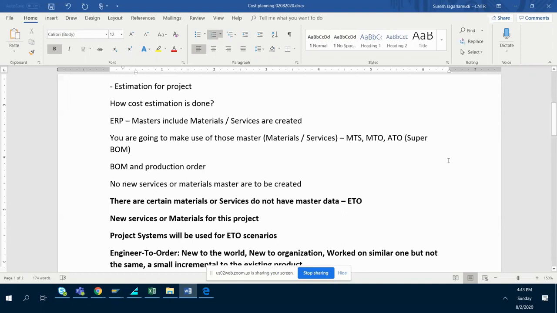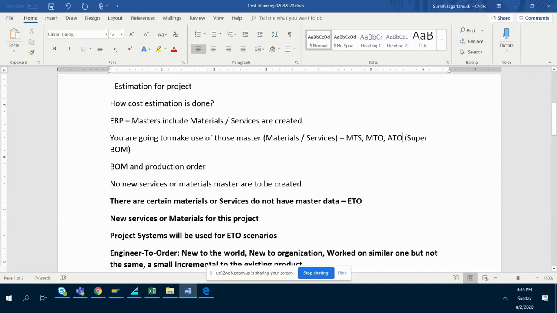He always tries to create new variants. Surely it is going to be ATO. See, he is changing a battery. Is changing a battery going to go under MTS? No. You have to build that as ATO, that means assemble to order. How many components can you make use of? Make use of them and change only what is a new variant by using the super BOM.